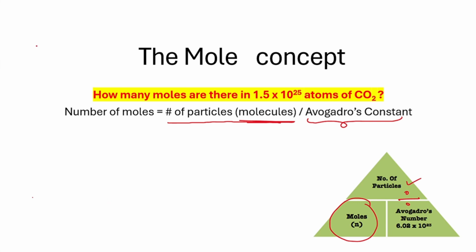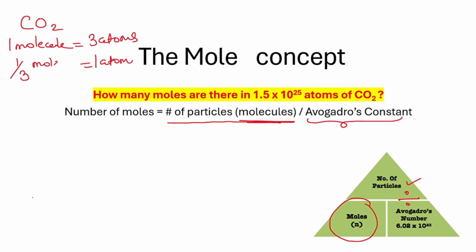Now, one thing to keep in mind again is that when we write carbon dioxide, one molecule has got a total of 3 atoms. So, one atom is 1/3 of a molecule. Which means to find the molecules, we just have to take the number of atoms and divide by 3.